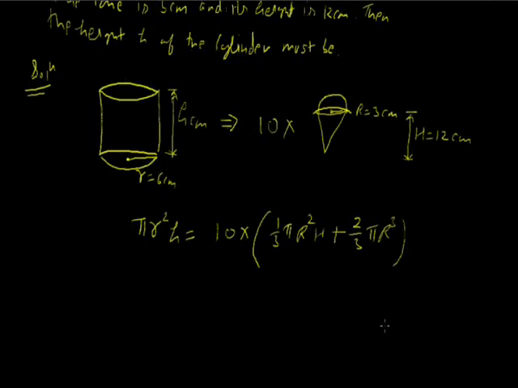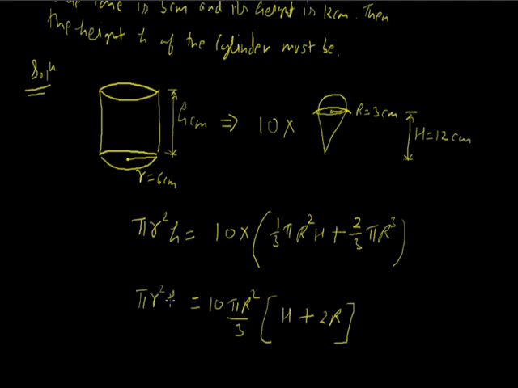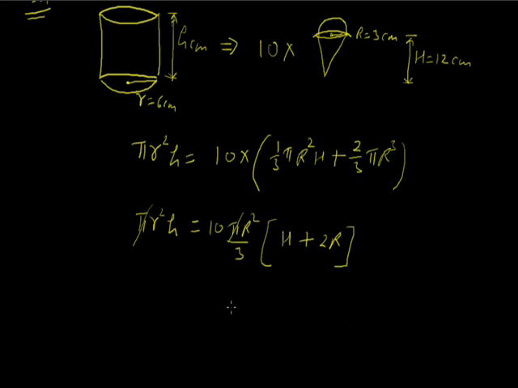Clear? Now we can take pi R square by 3 common. In bracket we are left with capital H plus 2R. This is equal to pi small r square small h. Pi gets cancelled. Now we put the values.